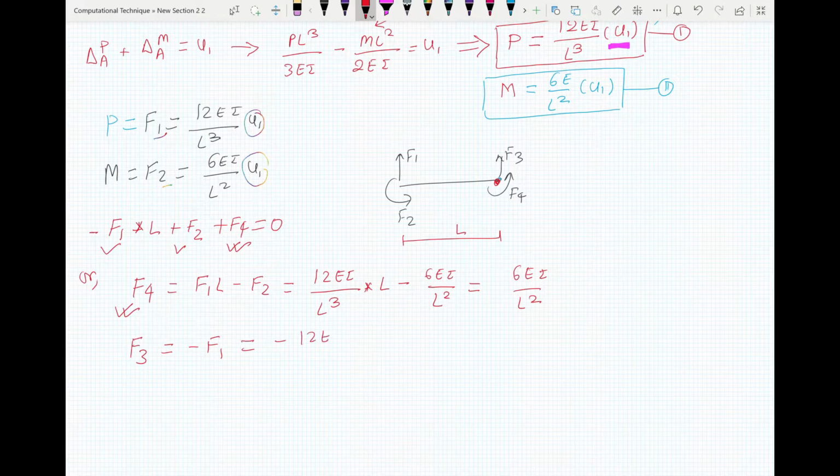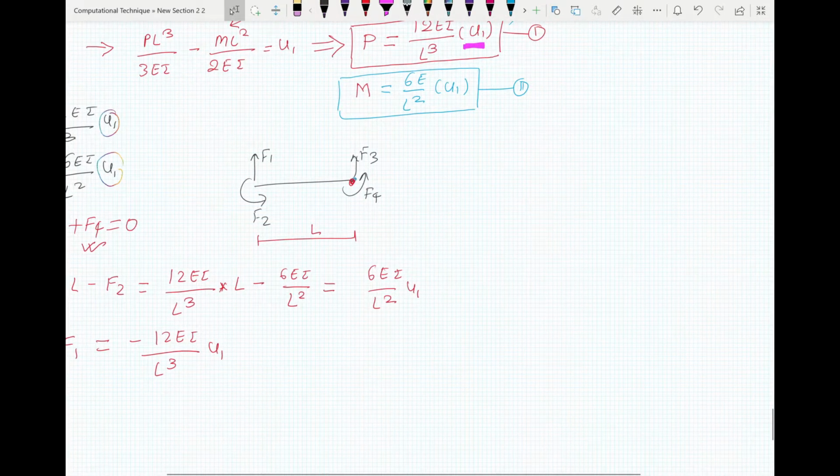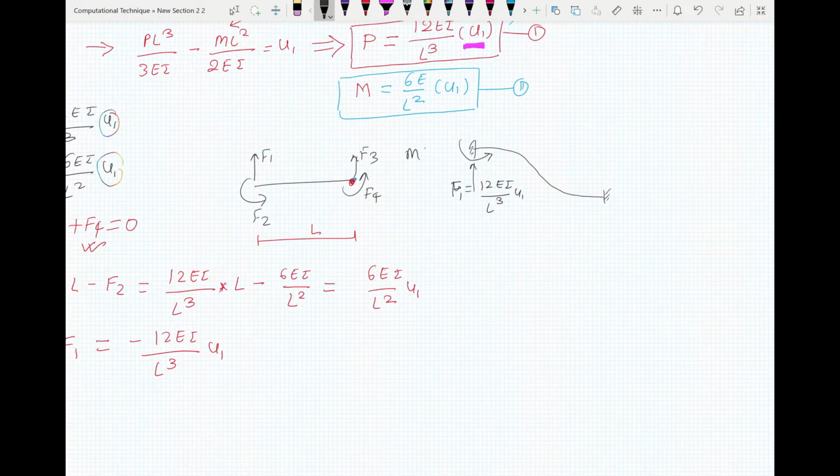This will be equal to minus 12EI by L cube U1. So in this figure, what you get is when you apply a displacement U1 in this direction, you'll have your force F1 as 12EI by L cube U1, and you'll have your moment as 6EI by L square U1.